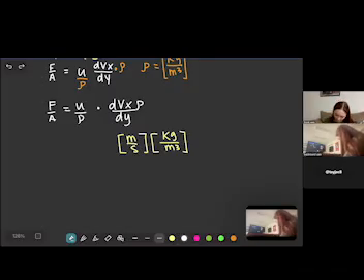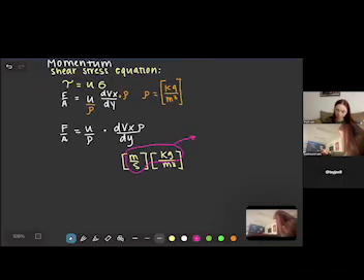Okay, and if we want to take a look here, we see that this kilograms meters divided by second is the units for momentum.